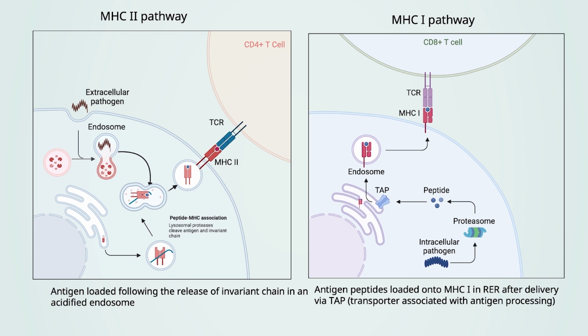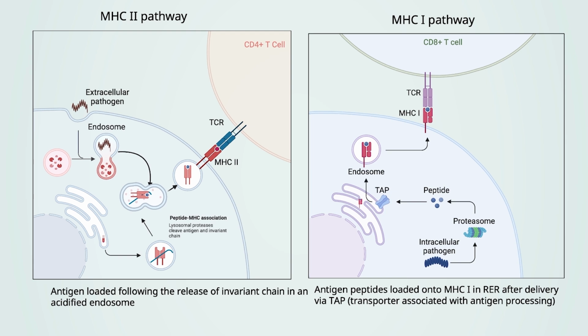Which pathway of MHC presentation will be affected, or which T cell will not be able to recognize antigen, right? So we know that if there is a mutation in TAP, MHC1 won't be able to load antigen and present its antigen to the CD8 plus T cell.